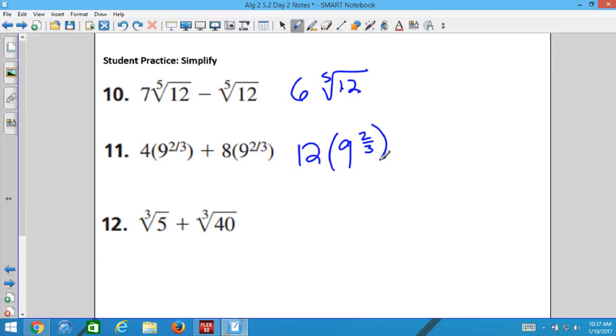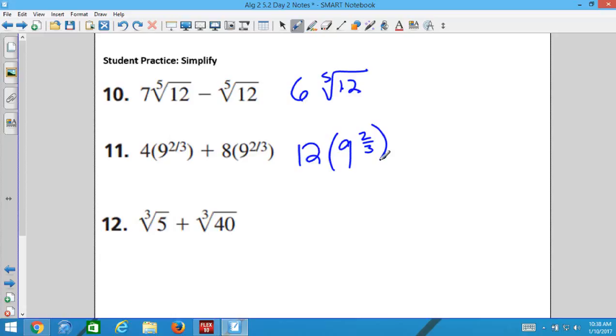Okay, the 20 is not a perfect cube. One of them has to be a perfect cube. What times what is 40? Start making a list or make 40.